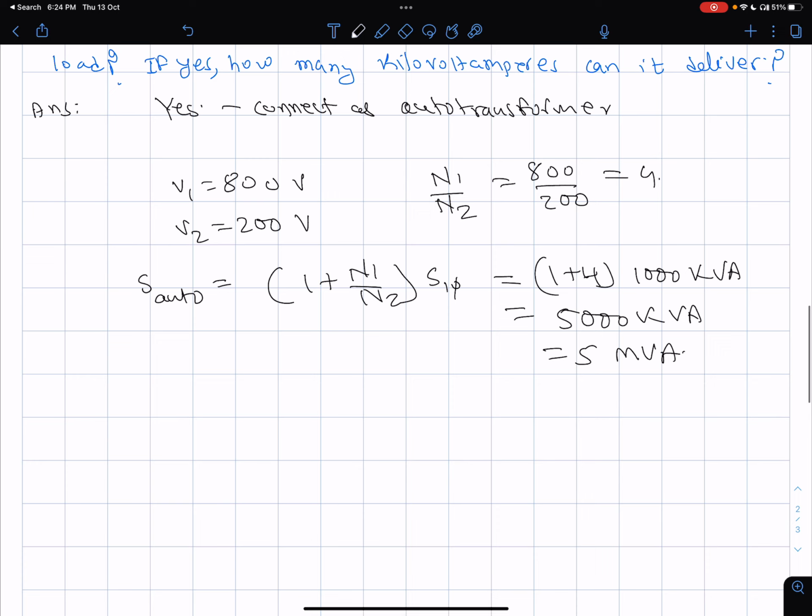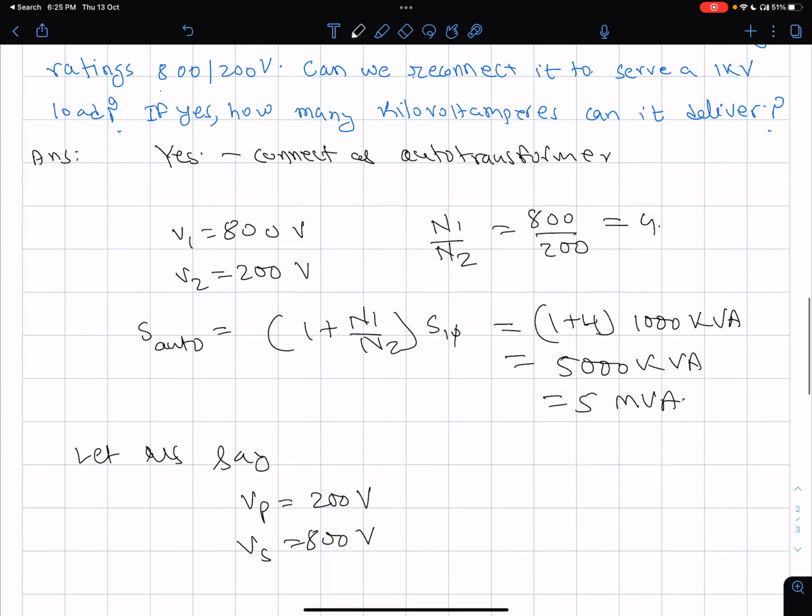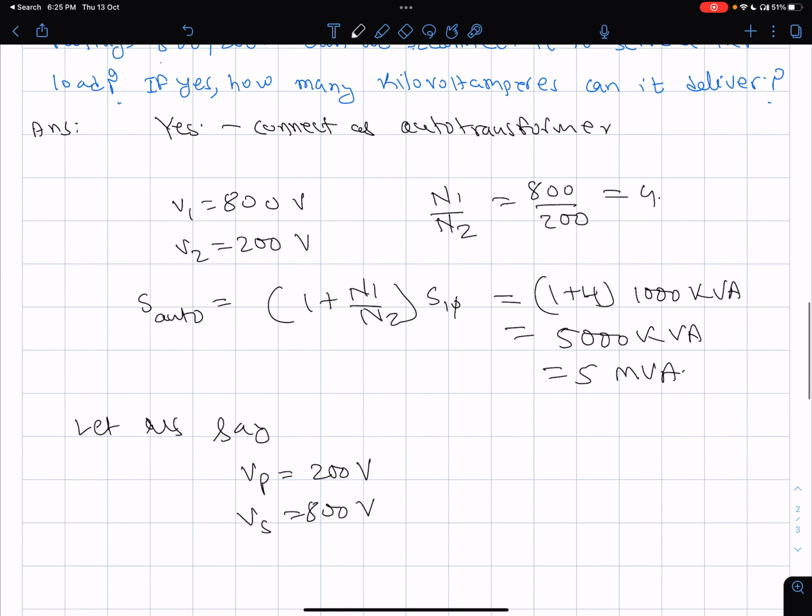Now suppose instead, let us say that we had taken primary to be 200 volts and secondary to be 800 volts. It's given to you as 800 to 200, so you should actually take primary as 800 and secondary as 200. But for the sake of discussion, suppose we had done like this.